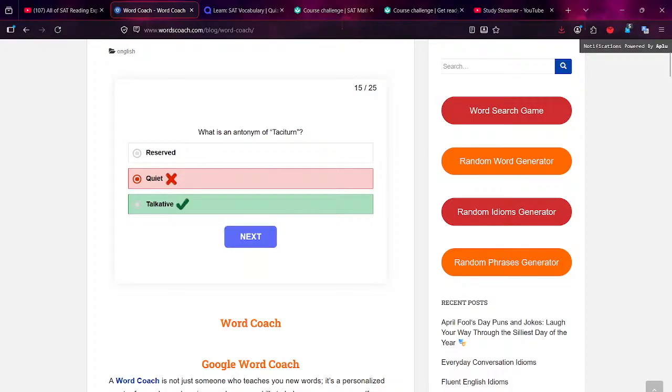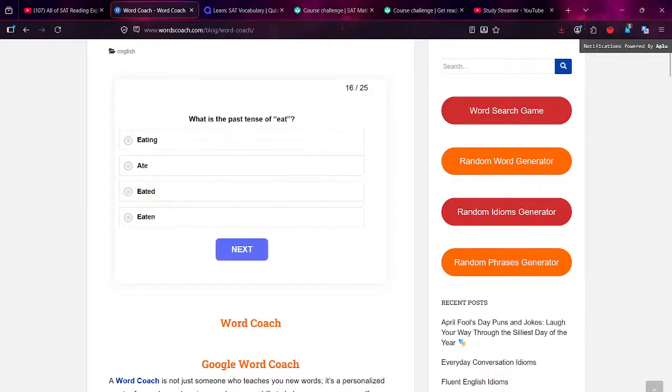Yeah, let's look up the definition. Okay, it's someone who's temperamentally disinclined to talk, habitually quiet or uncommunicative. So it has to be talkative. So that makes sense.